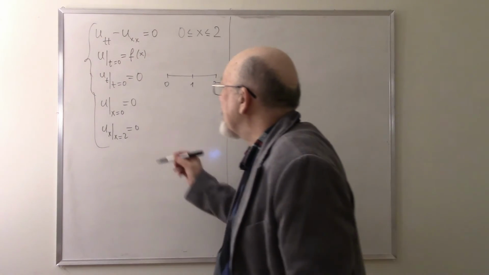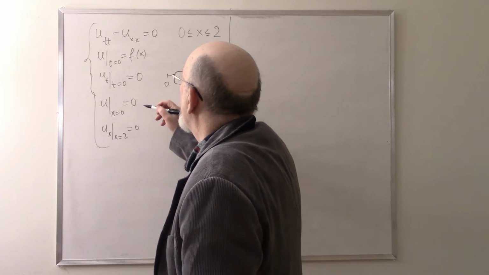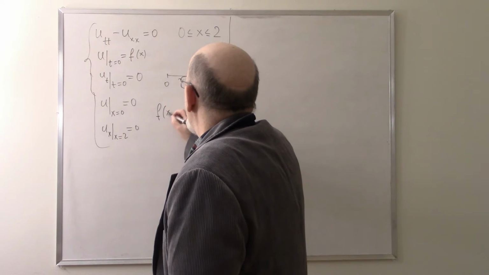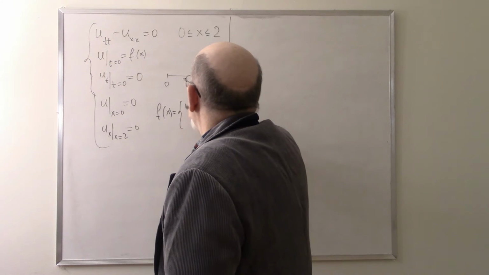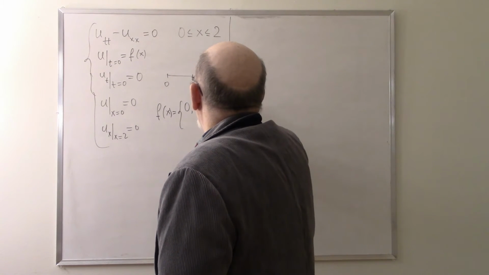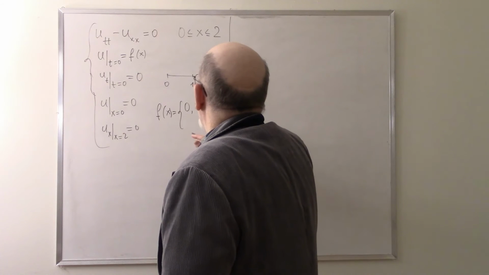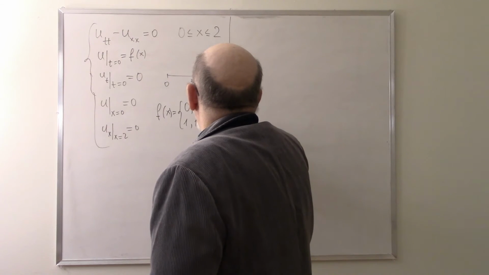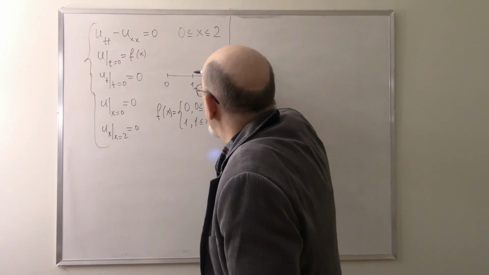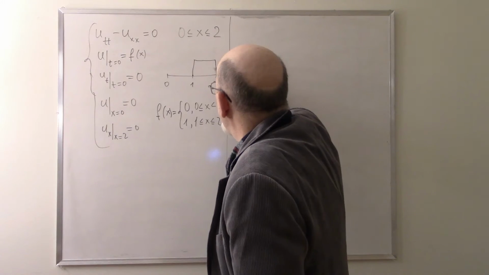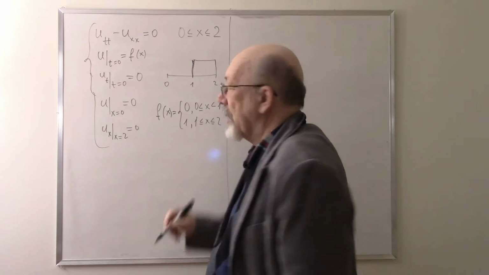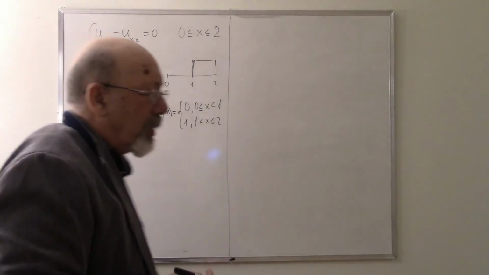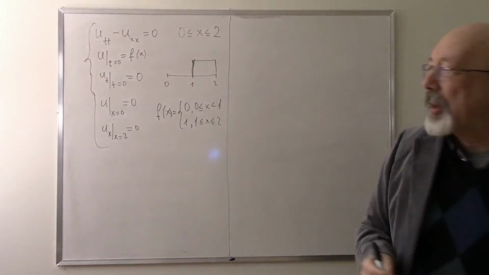And what is the function f of x? f of x is the following: 0 between 0 and 1, and 1 between 1 and 2. So it is a function like this. Yeah? Maybe you ask why it is so singular.